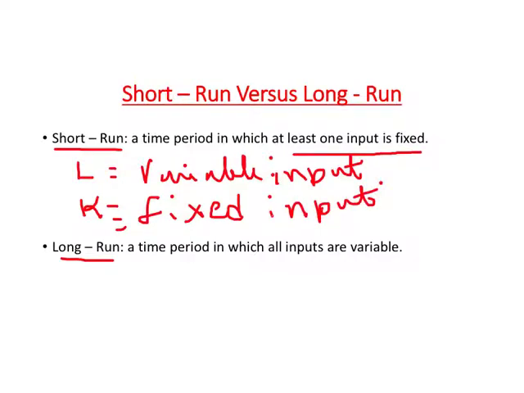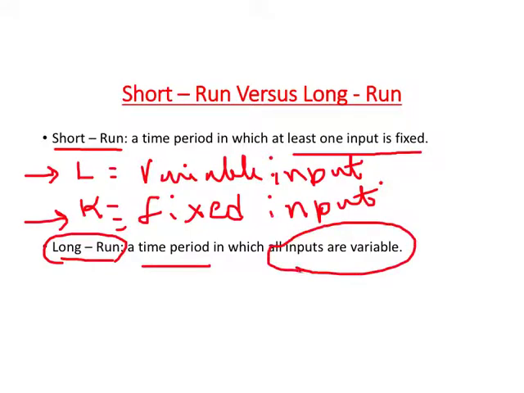So what is the short run? It is just a time period in which, in terms of decision making, firms treat capital as a fixed input and they can change the quantity of labor. As compared to that, by long run we mean a time period in which all inputs are variable or all inputs can change. So both labor and capital will be treated as variable inputs.